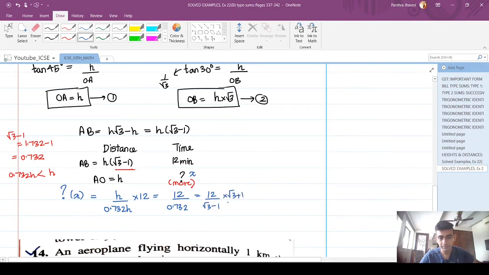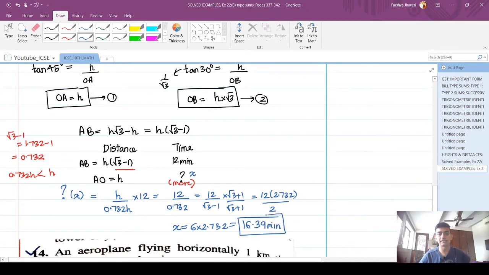Rationalize, you will get 12 into 2.732 divided by 2. So your answer is x is equal to 6 into 2.732, and this gives us 16.39 minutes. This is your answer.